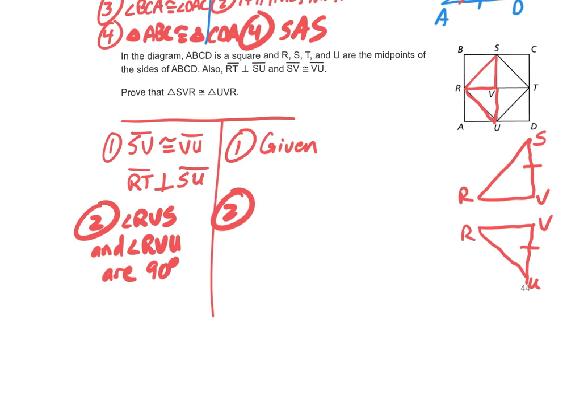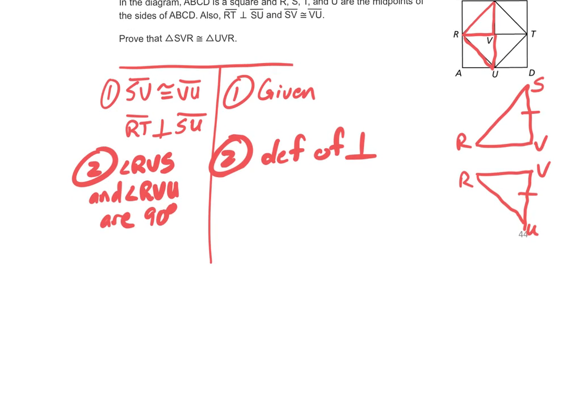They intersect, and they make a 90 degree angle, okay? So we know what perpendicular means, right? That is the definition of perpendicular. That's how we know they're 90 degrees, because we know what it means to be perpendicular. We know the definition of that.